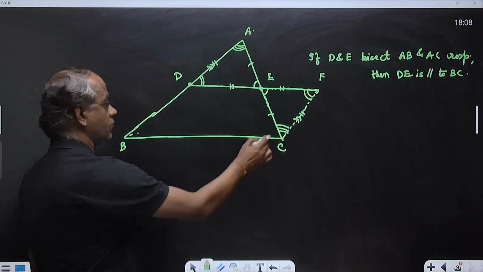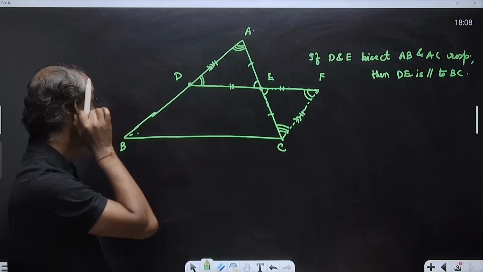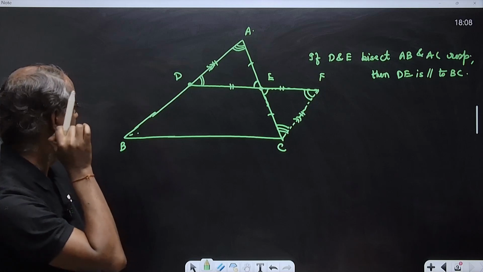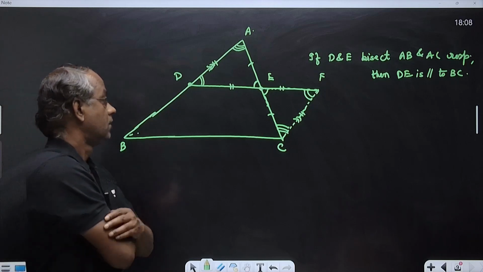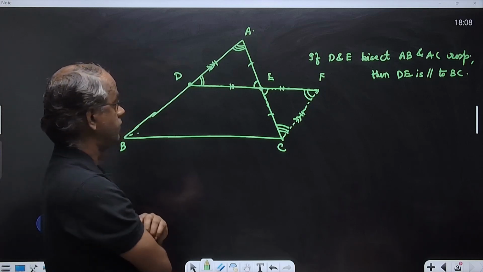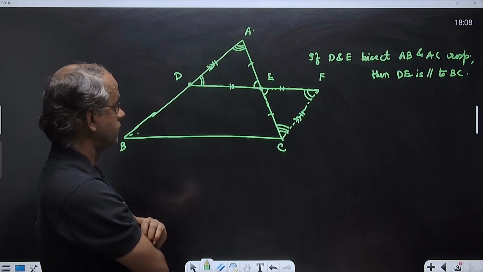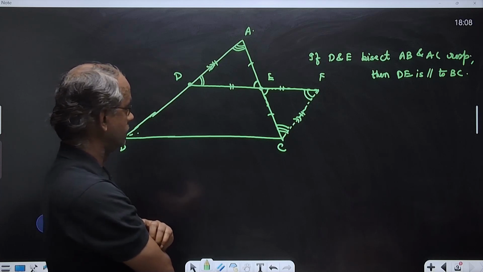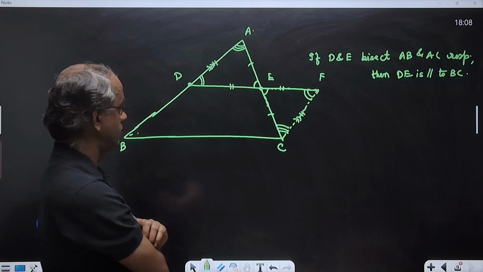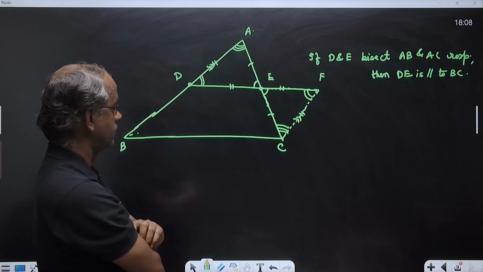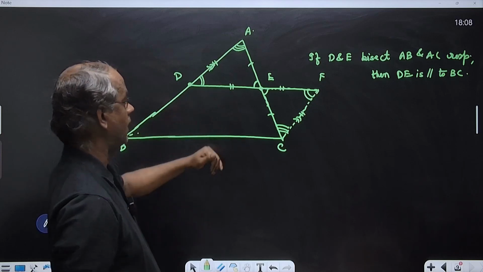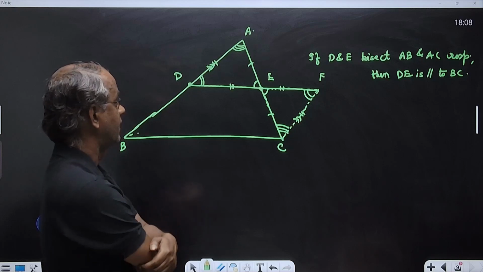This is parallel to this, fine. And then we have to show that these two are parallel. So angles would suffice.